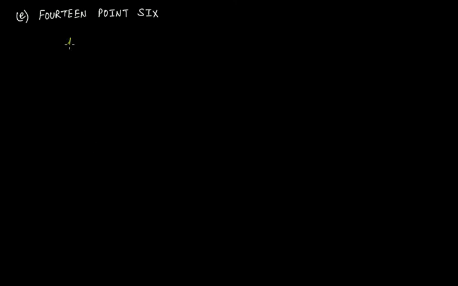Okay. Next one is 14 and 6 tenths. 14, this point means the decimal point, and 6 is written as it is. Next, 100 and 2 ones. So this "ones" is telling you the place value of ones, and at the ones place you have 2. And means plus sign.